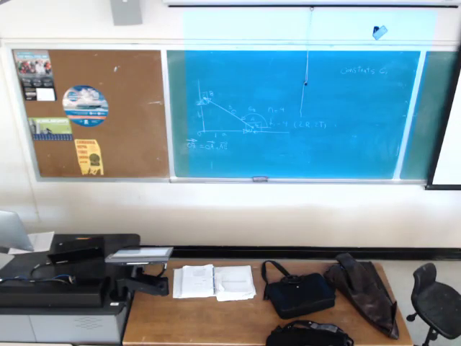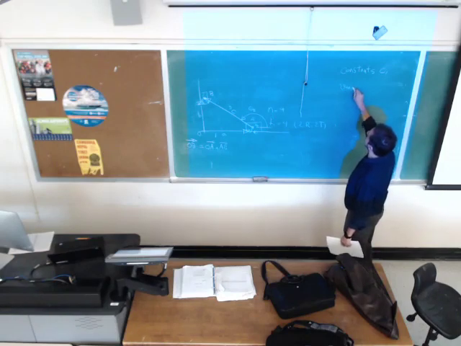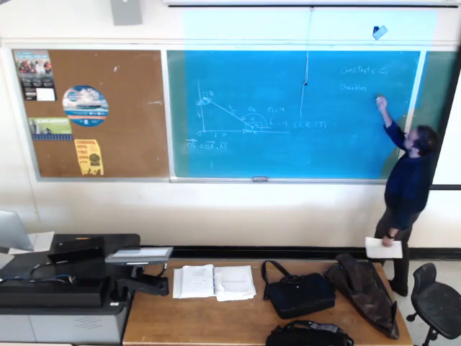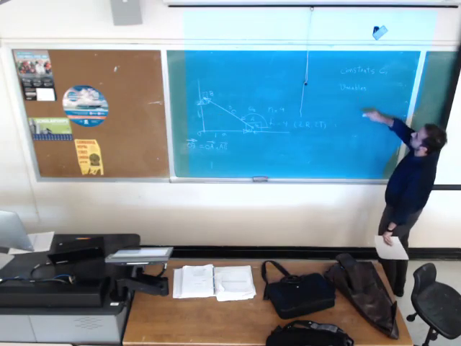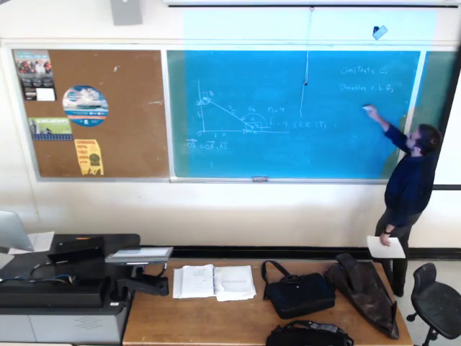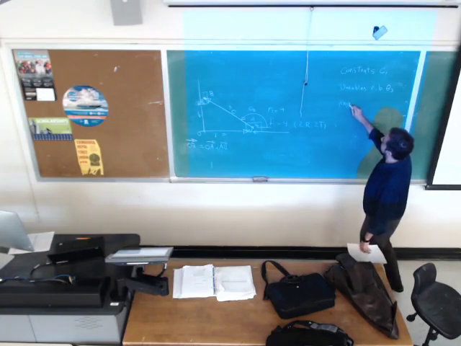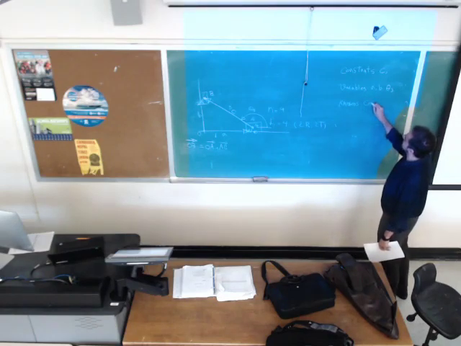Whatever is moving, whatever changes when the mechanism is moving, should be considered a variable: A, B, theta 3. The rest would be constants.